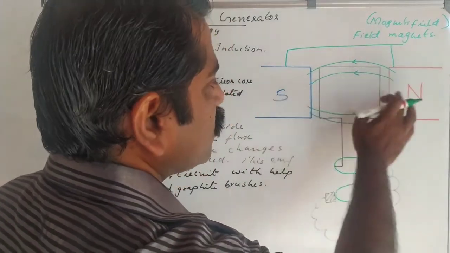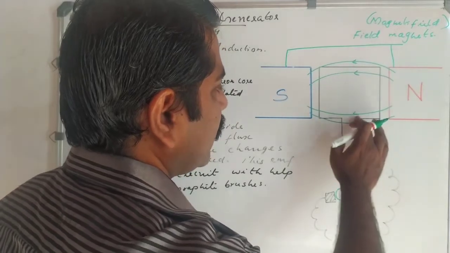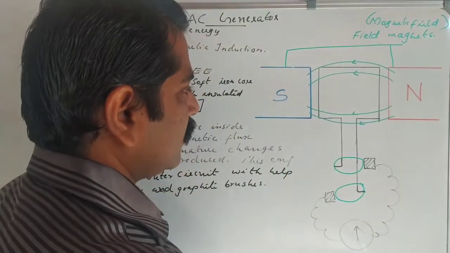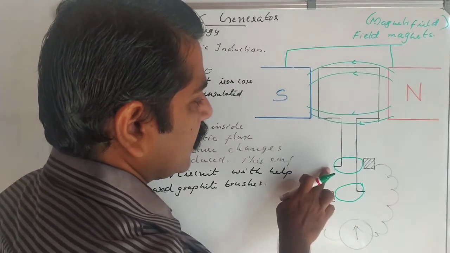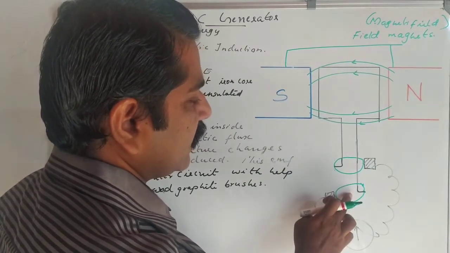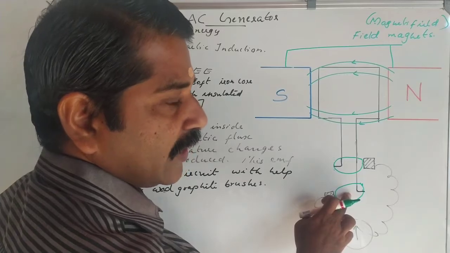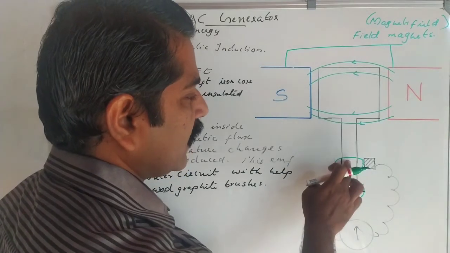In between these two magnetic poles we can see a diagram like this. This is a conductor, and one end of the conductor is shorter in length and the other longer. When you draw, you have to take care of that.